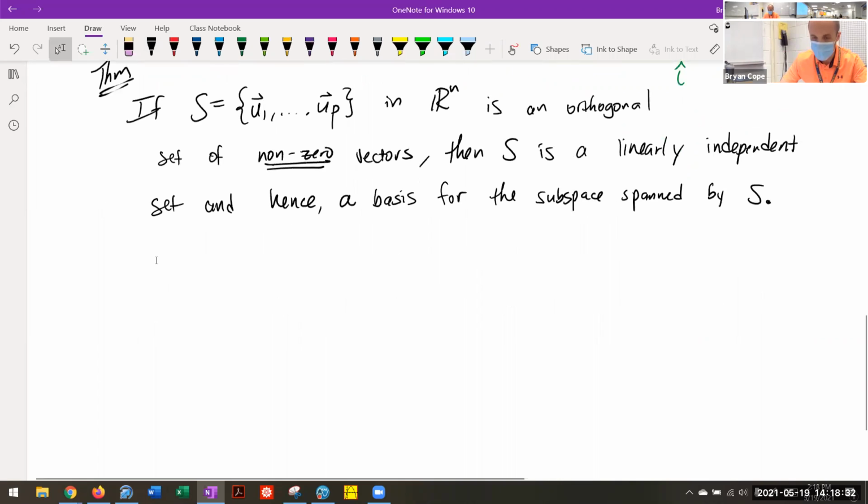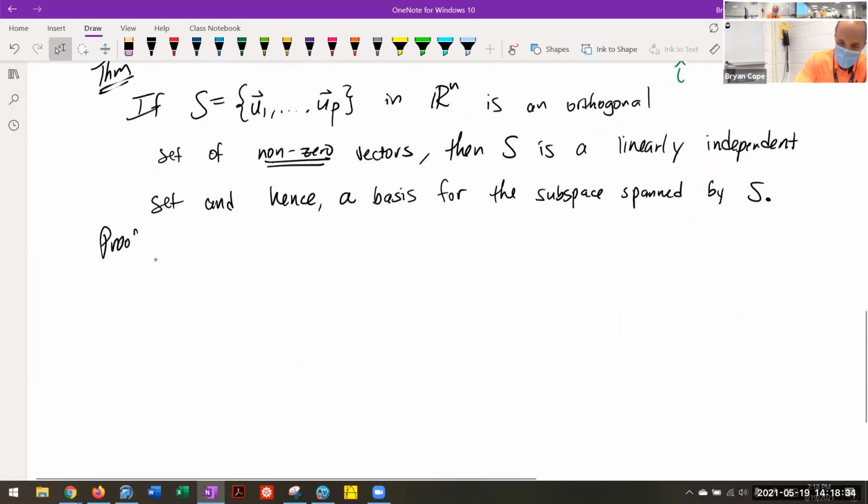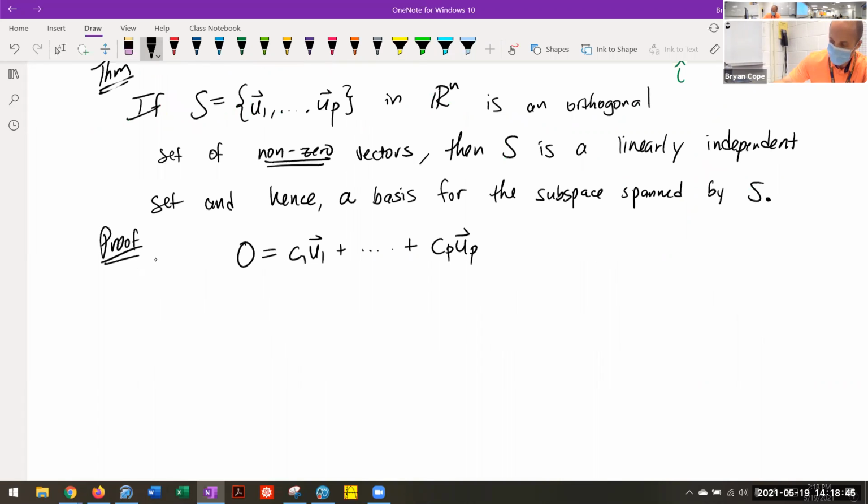Okay, so here's the proof. We're going to start with the equation 0 equals c1u1 plus all the way out to cpup, with scalars c1 to cp.